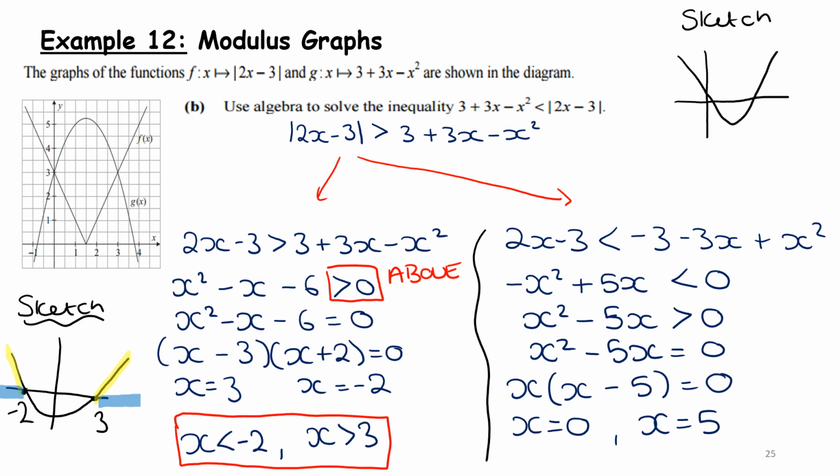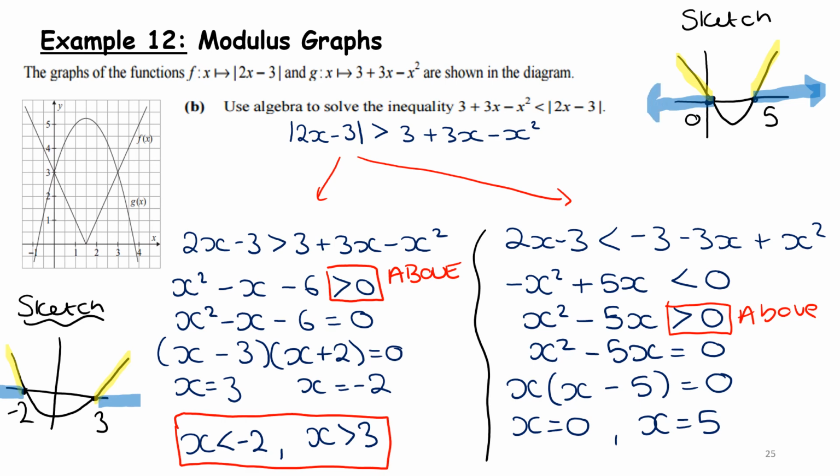So I have my 0, or I attempted to go through 0, and 5. We are dealing with greater than 0 again, so it's again above. We're talking about this piece and this piece of the graph, which in turn mean this piece and this piece along the x-axis.